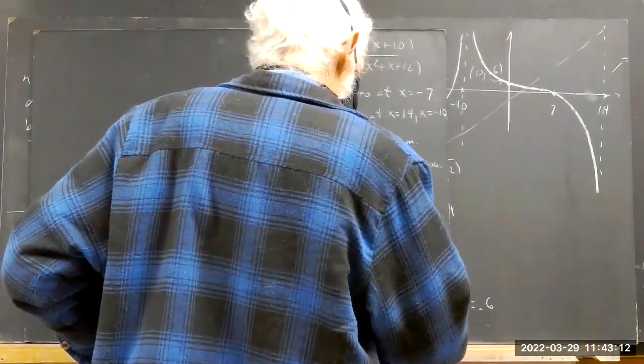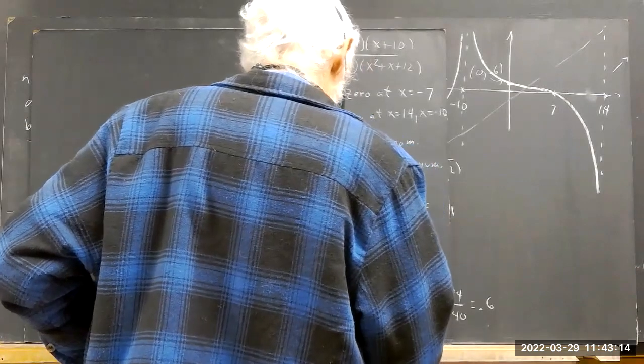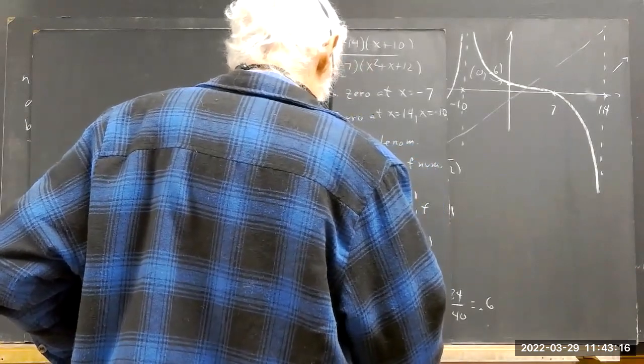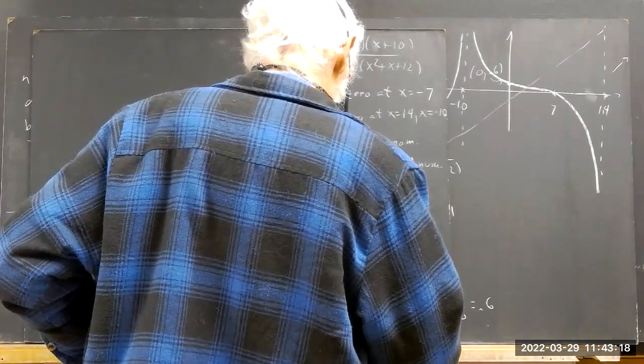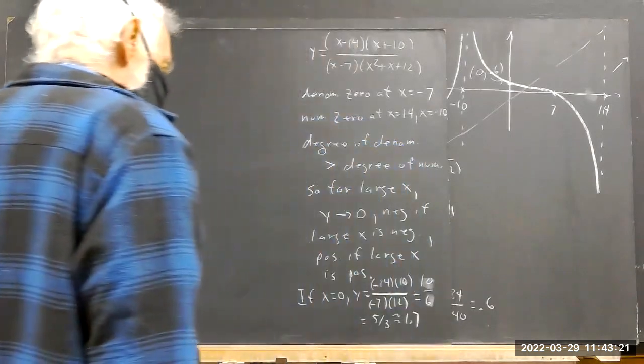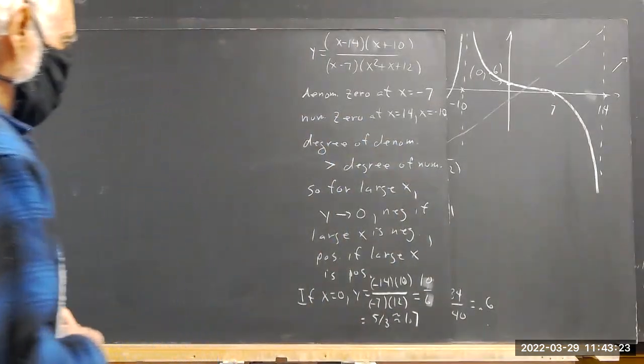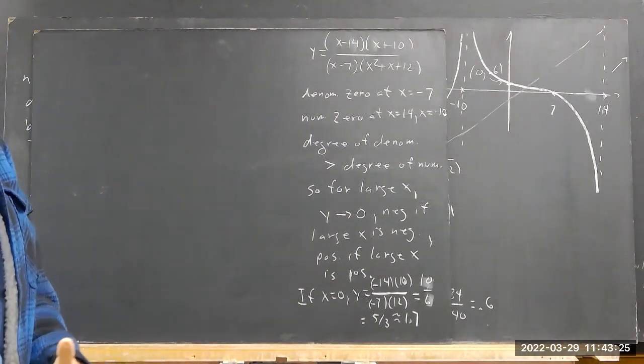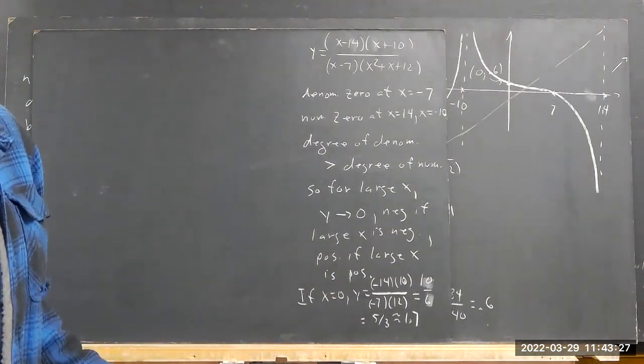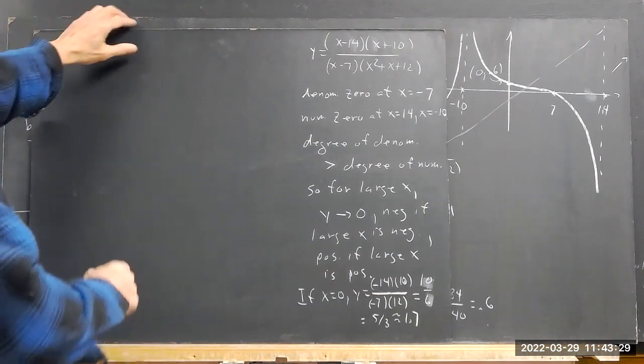Well, that does reduce to 5/3. That's approximately 1.7. Now we have all the information we need to sketch a graph, a rough graph. It won't be exact.